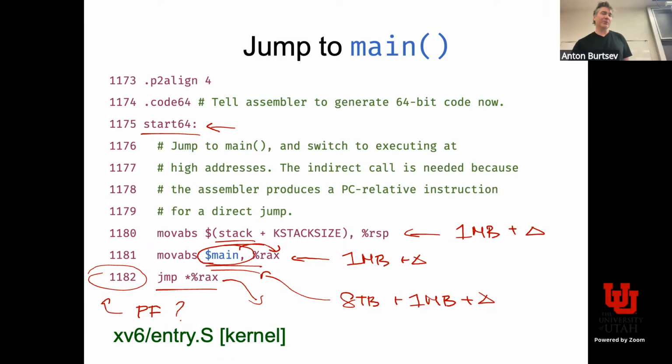I disagree. But okay, so we probably should take both answers, like this line 1182 and the main itself, as the right answer. In my quiz, I probably configured that this line page faults. Now, after looking at it very carefully, roughly speaking this sets the instruction pointer to 8 terabyte, but it's not yet executing the next instruction. So maybe this one actually succeeds and the next one faults.